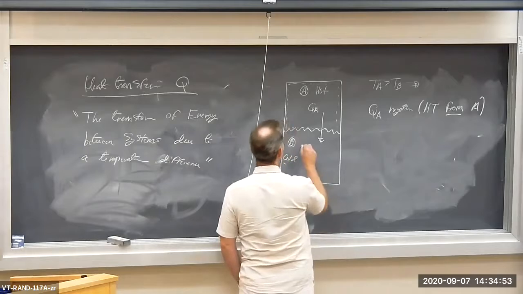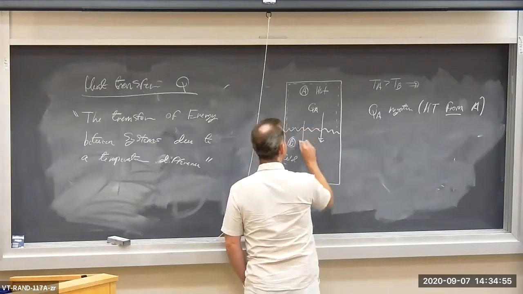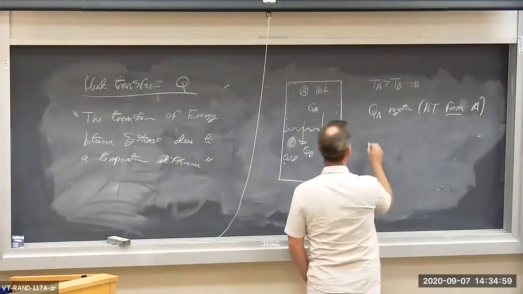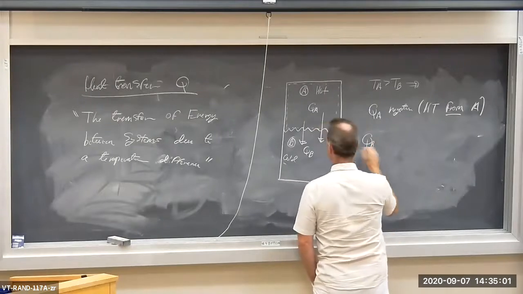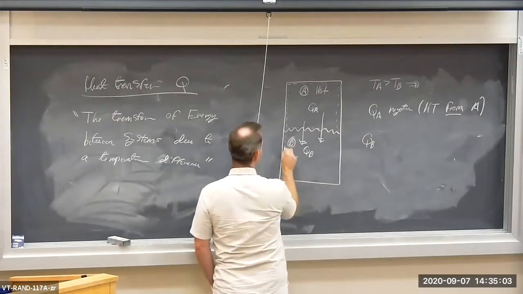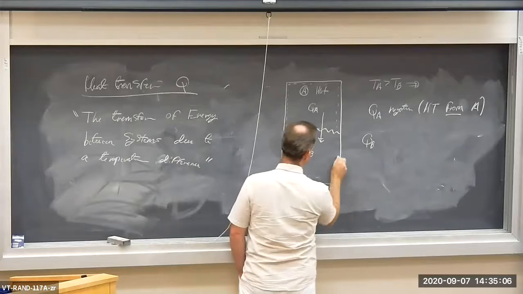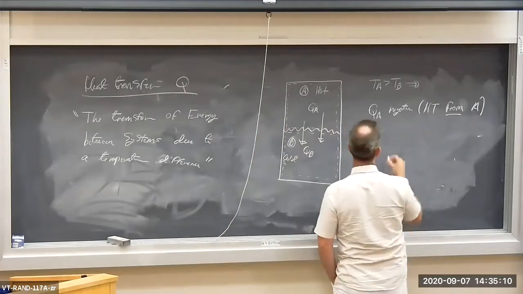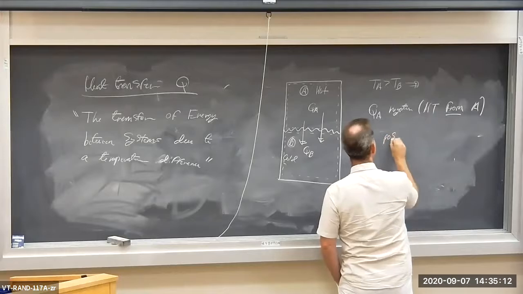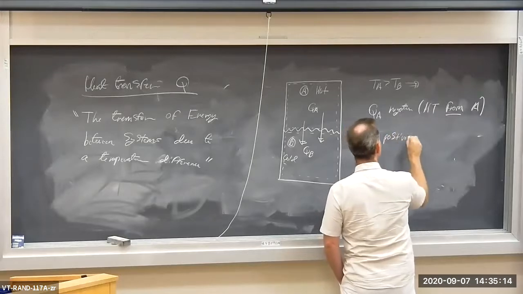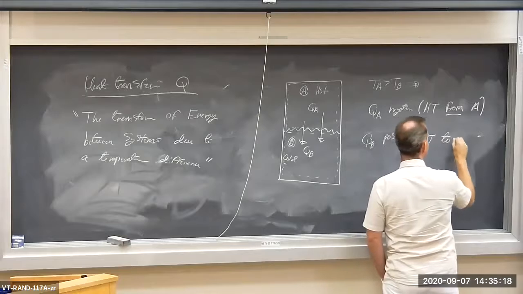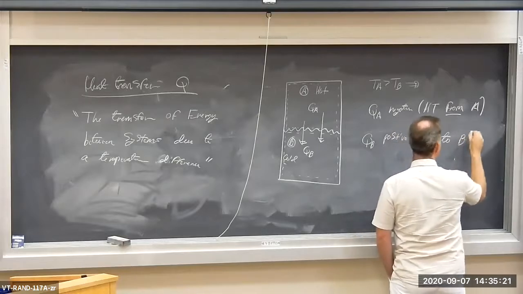Likewise, QB, heat transfer to system B, is going to be positive. Why? Because we have heat transfer to system B, okay?